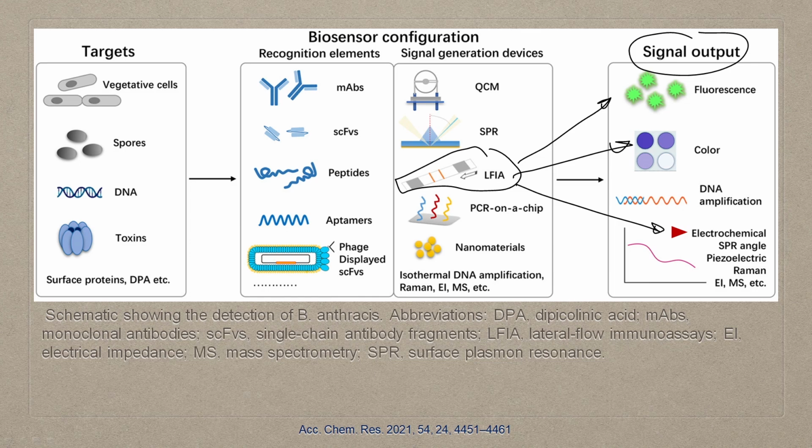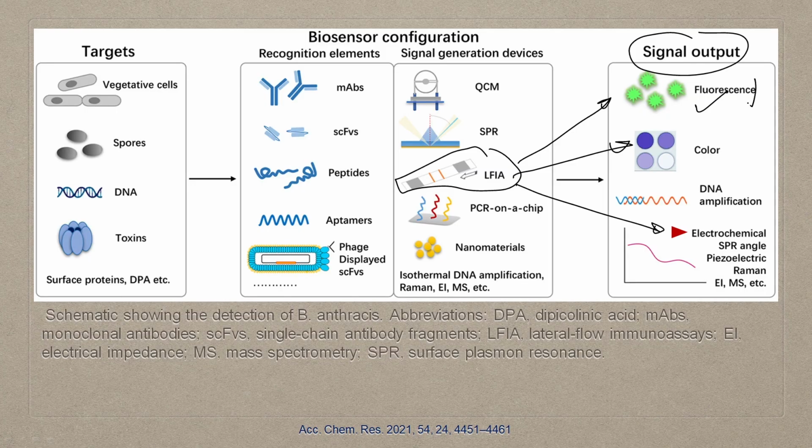Whenever there is a change in the signal output, you have to realize something has been conjugated to that particular site, which either glows or quenches. Either way, there could be an increase or a decrease in the fluorescent signature. Similarly, there will be an increase or decrease in color formation, and more or less electrochemical signature.